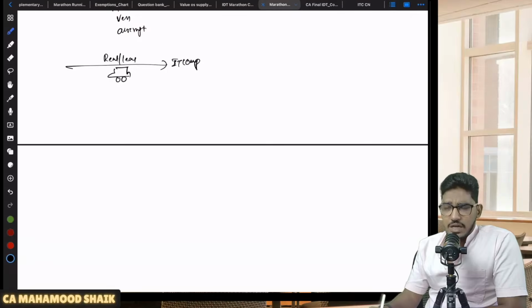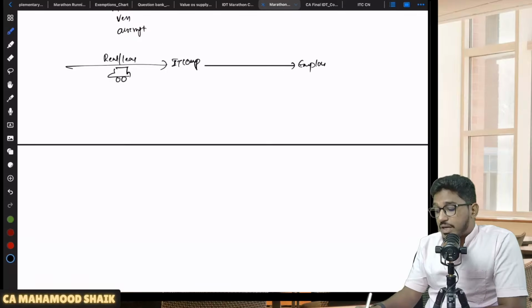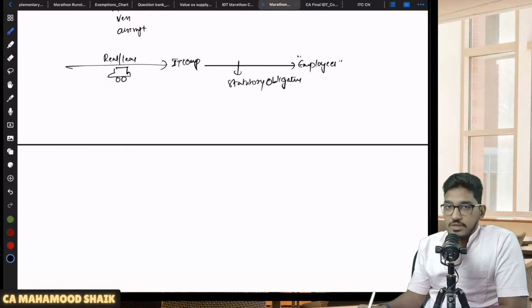They are taking that car on lease or rent because they want to provide transportation services to their employees, and this company has to do that as per statutory obligation. They are under a statutory obligation to provide transportation facilities to their employees. For that purpose, they are taking that car on lease or rent.